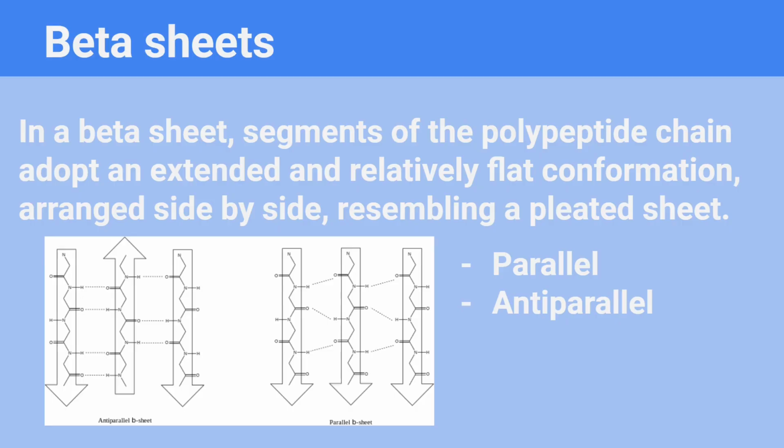They often form the core structure of protein domains and are frequently found in the interior of globular proteins. Beta sheets also play a crucial role in protein-protein interactions as well as in formation of larger, more complex protein structures.